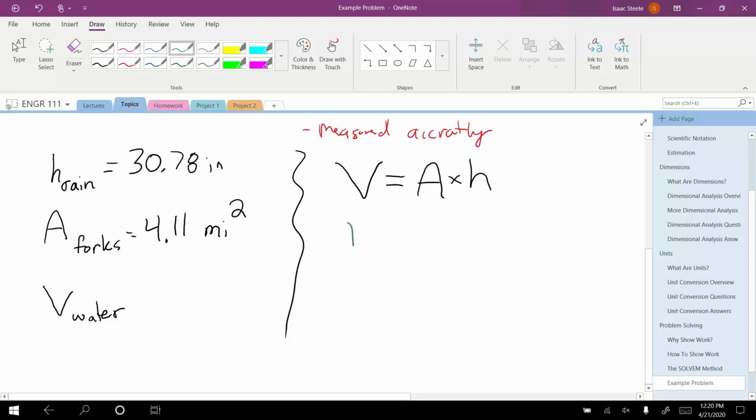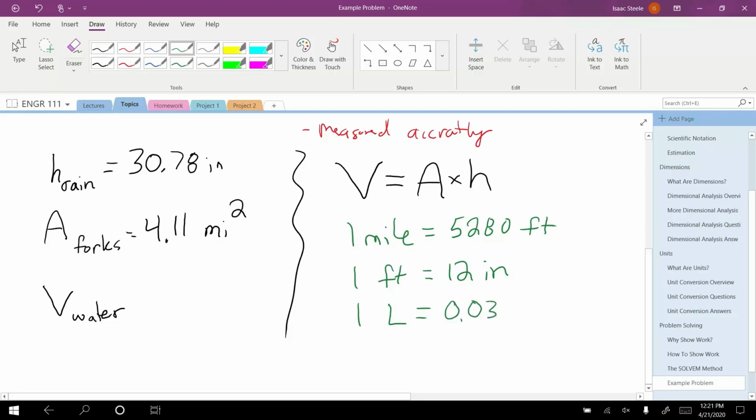So 1 mile equals 5,280 feet. I have that 1 foot equals 12 inches. I have that 1 liter equals 0.0353 feet cubed.